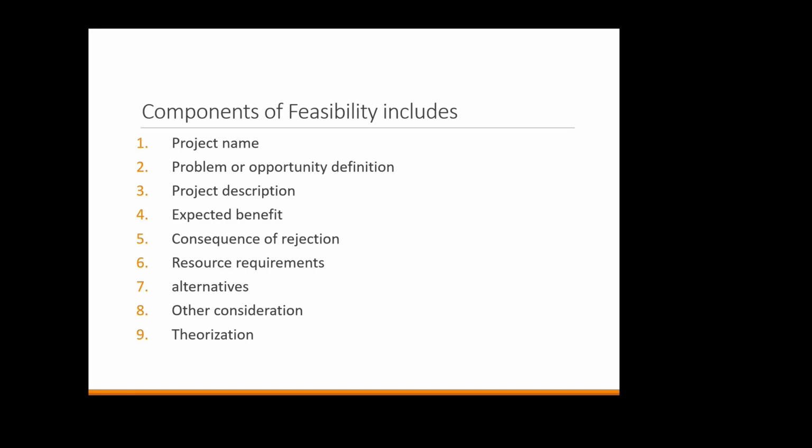Okay. So the first one is the project name. Of course, this is very important. What type of acronym or title of the project is there, and what is the basic problem or opportunity.